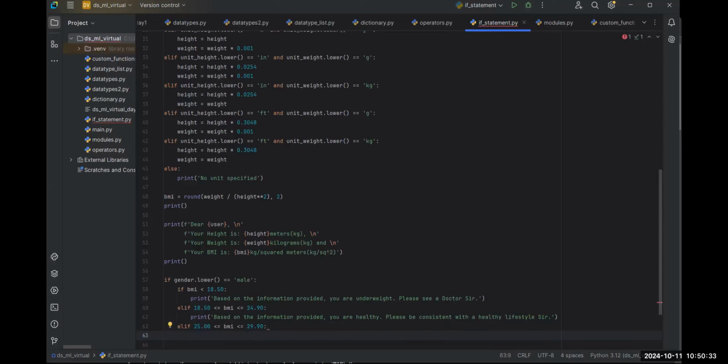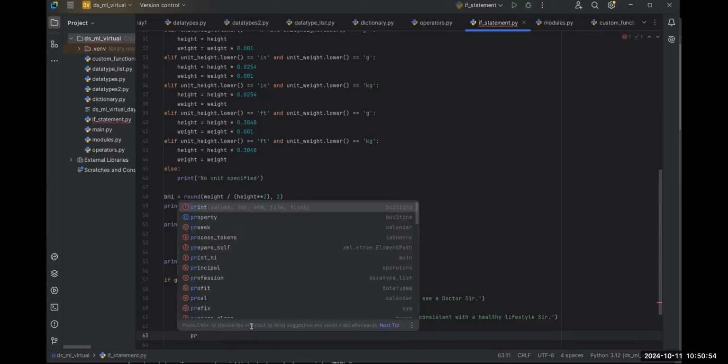What should it print for us? Elif 25.00 less than or equal to BMI less than or equal to 29.90.